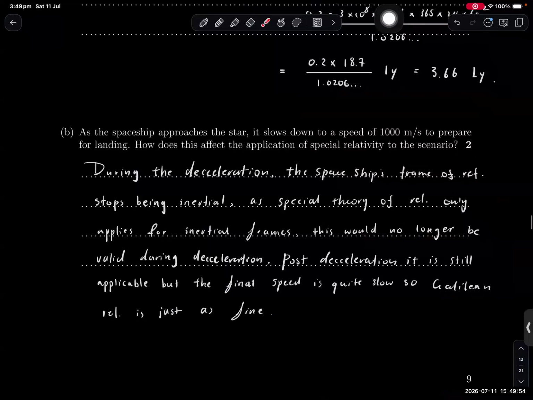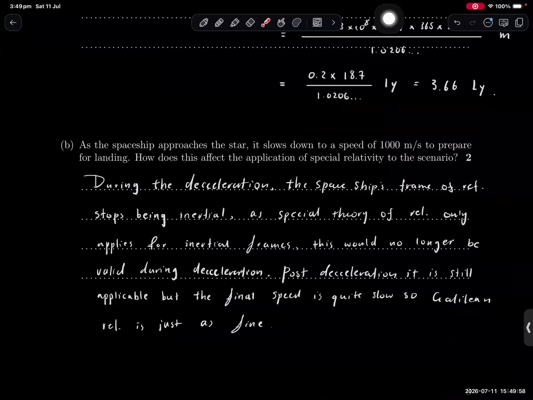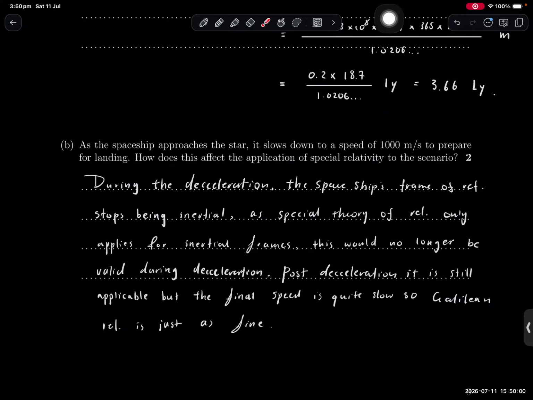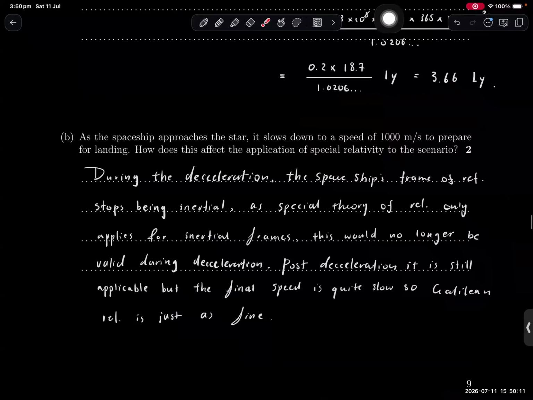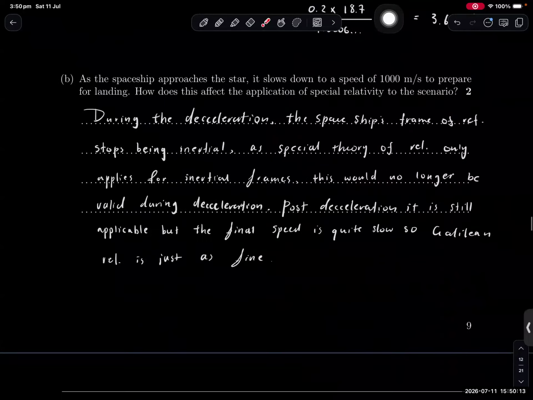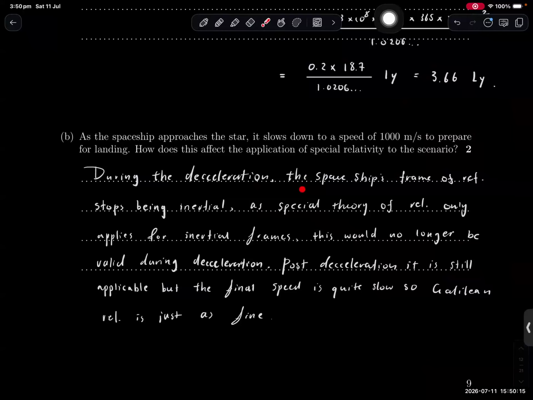Question B. As the spaceship approaches the star, it slows down to a speed of 1,000 meters per second to prepare for landing. How does this affect the application of special relativity to this scenario? Because it's slowing down, there's deceleration, causing the frame to be non-inertial. The spaceship's frame of reference stops being inertial, as special relativity only works for inertial frames.